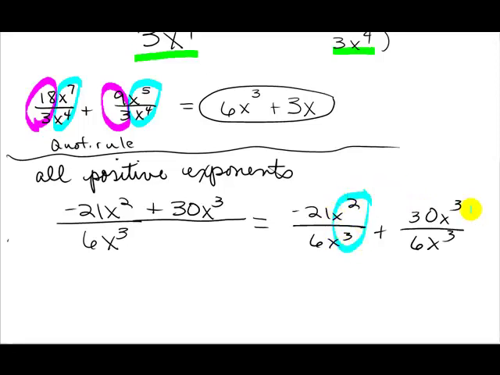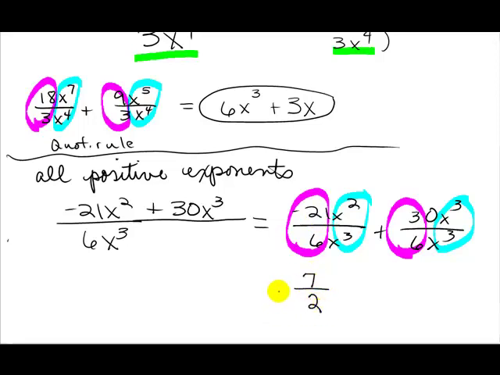We're going to remember to do our variables with our exponent rule. Do our coefficients, keeping in mind our negatives and positives also. So 21 and 6 can both be divided by 3. And so we'll have a 7 at the top and then a 2 at the bottom. You can leave the negative at the top, or you can pull it to the front.